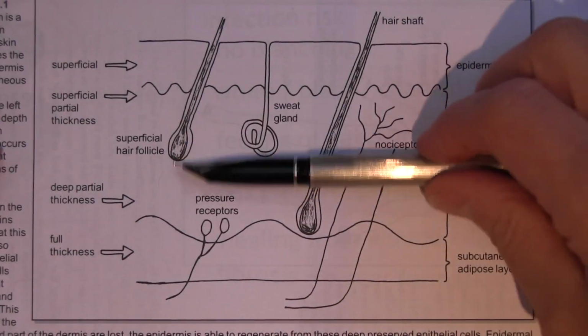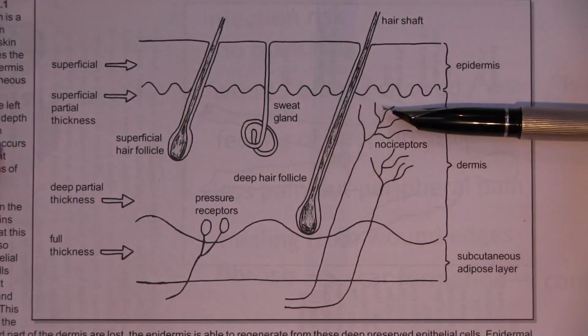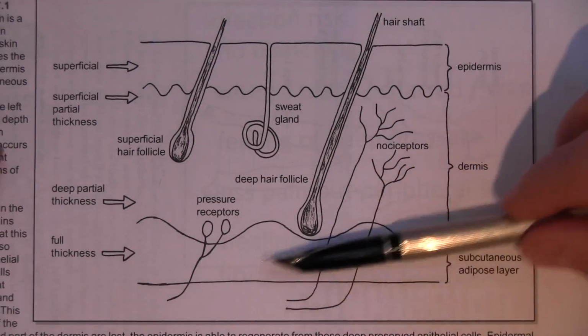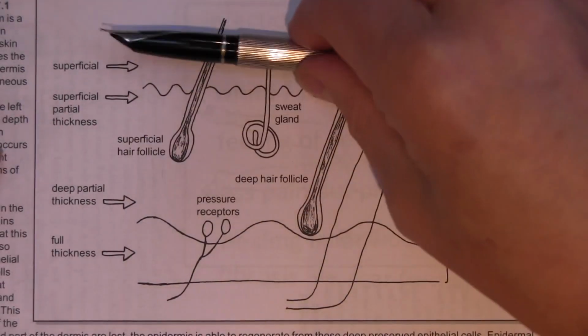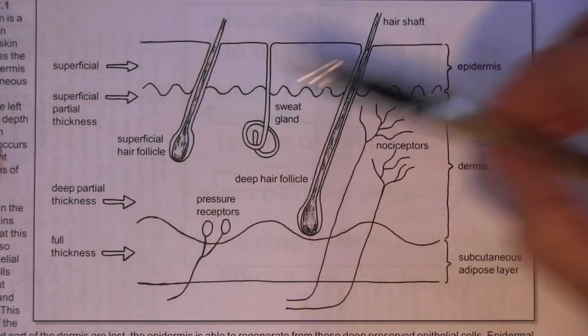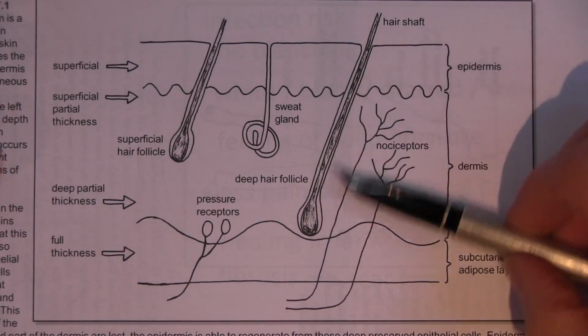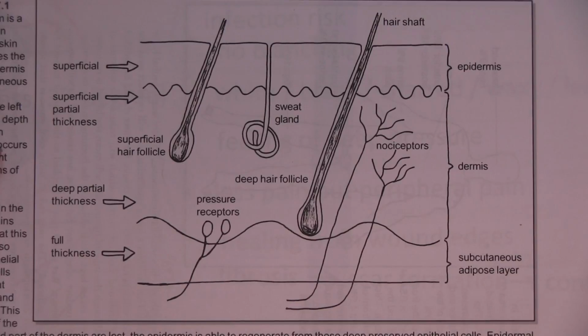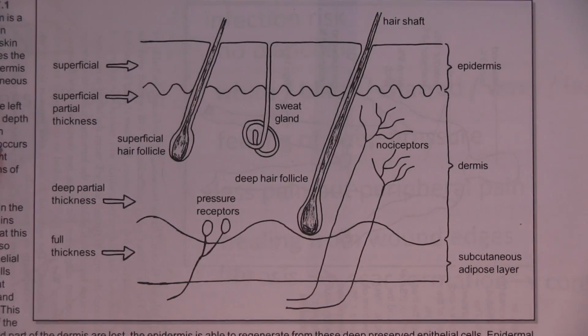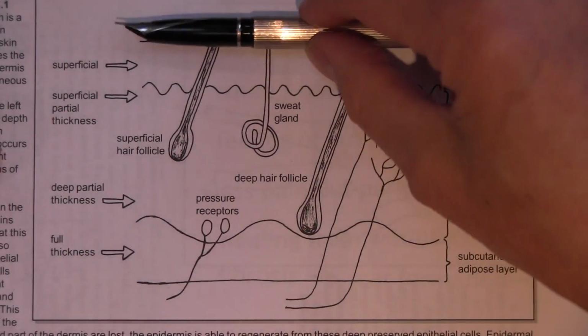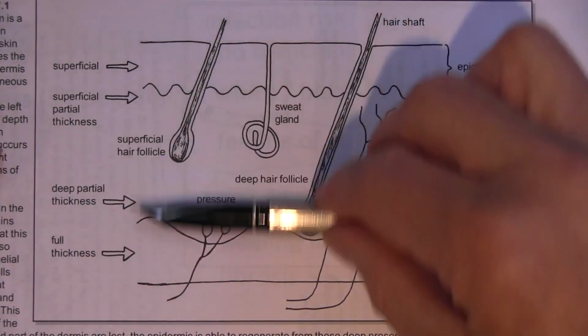So the hair follicles are lost, the sweat glands are lost, the nociceptors are lost. That's why if it heals by fibrosis, all these elements will no longer be present. There won't be regeneration of these elements, there'll just be scar tissue. So the tissue will be scarred, it'll be contracted, it'll be unsightly, it'll be non-functional, it'll be non-elastic. Won't have hair, won't have sweat glands. Because all of this is lost.